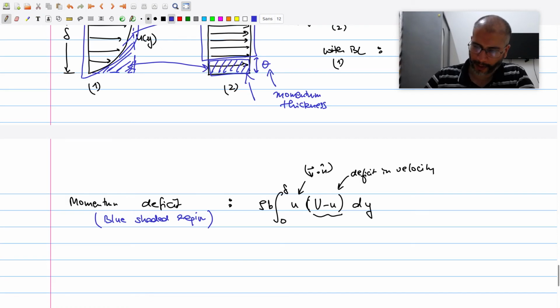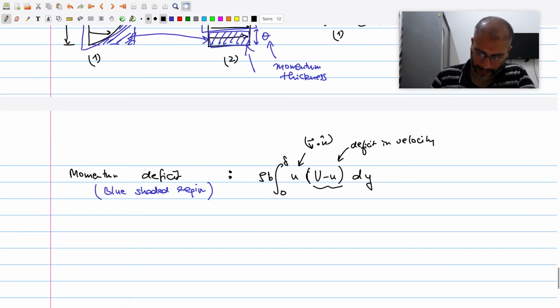So basically what that boils down to is, if my flow was uniform, then the amount of momentum flux we'll have in this theta will be rho times capital U squared times theta times b.